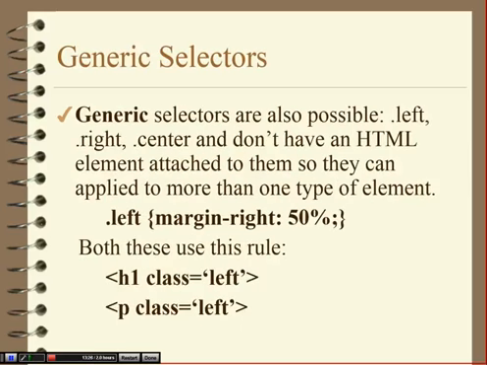The next kind of selector is called a generic selector, and a generic selector begins with a dot, and what happens here is this is sort of like a class selector, except it doesn't specify what element, so it can be any element. So these are typically real general kinds of rules that I can apply to multiple kinds of elements.